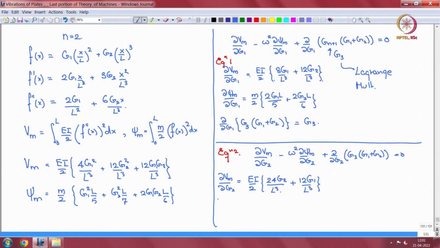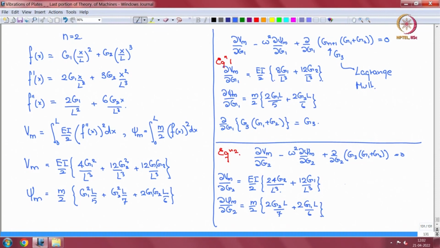Then del psi m by del G2 is equal to m by 2 [twice G2 L by 7 plus twice G1 L by 6].